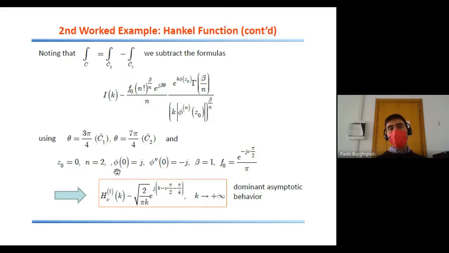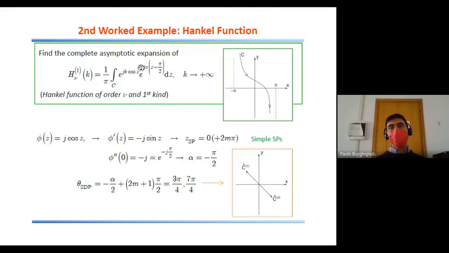The value of the function phi at the origin is equal to j, as we already found, whereas the second derivative is given by minus j. The function that multiplies the exponential is an exponential function, so it's regular in a neighborhood of the origin where it is equal to 1. But what we need is to know that close to the origin, it goes to a constant.